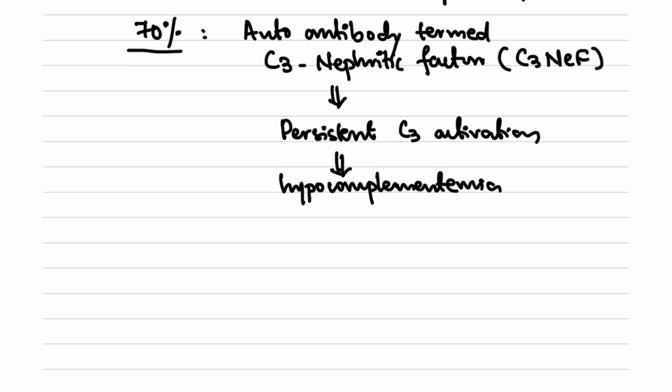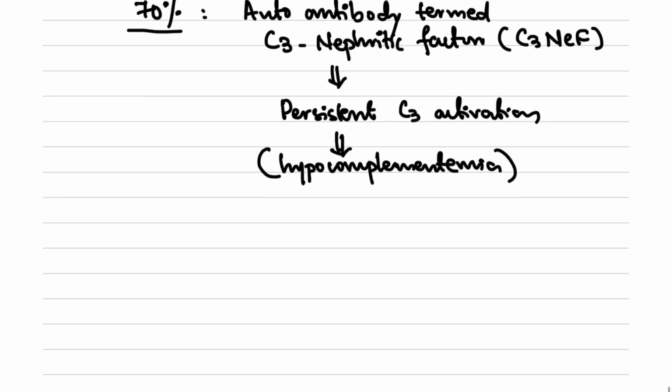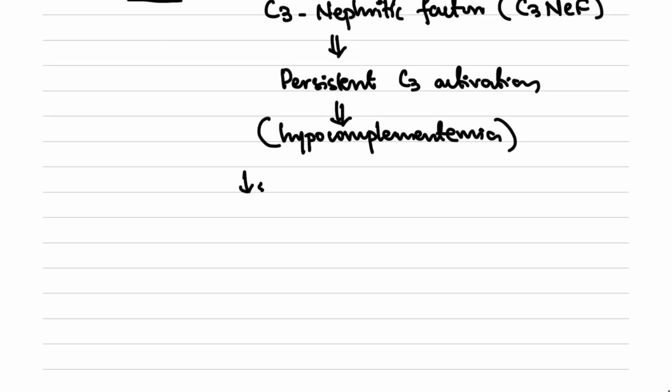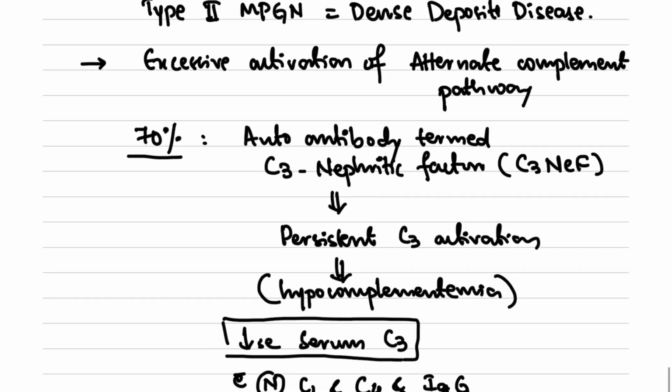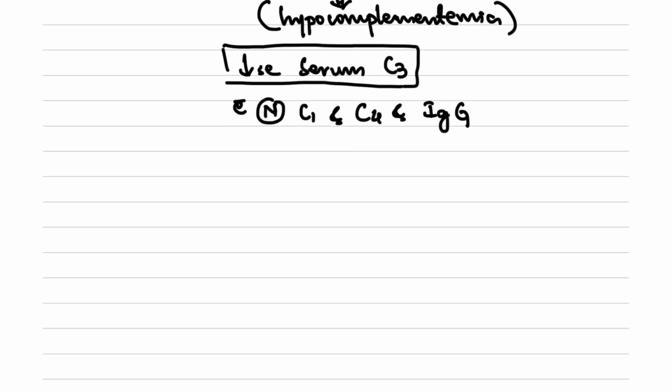So there will be reduced complement levels in the serum: decreased serum complement 3 with normal C1 and C4 as well as IgG. The patient will have an isolated decrease in complement 3 proteins. This is the basic pathology in type 2 MPGN.